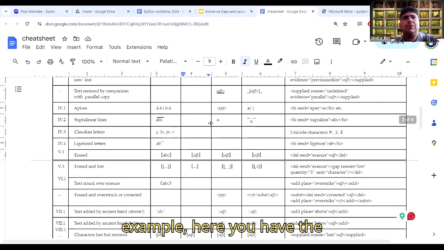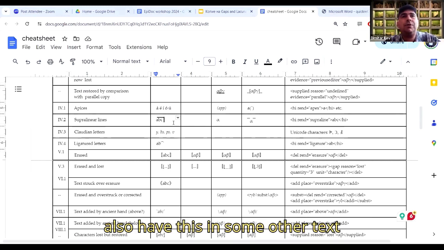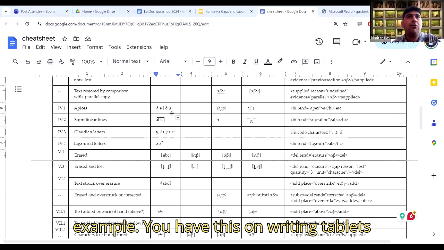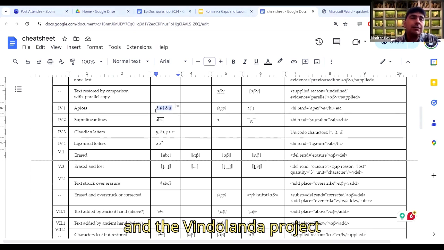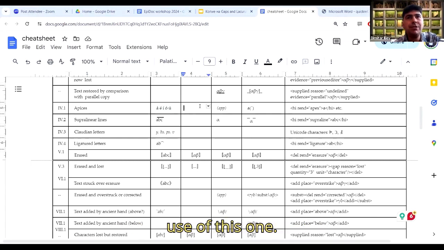For example, here you have the apices on the Roman letters. If you have a Roman inscription containing these, you can also have this in some other text-bearing objects different from inscriptions on stone. For example, you have this on writing tablets, and the Tabula Vindolandae project, which uses EpiDoc, makes rich use of this one.